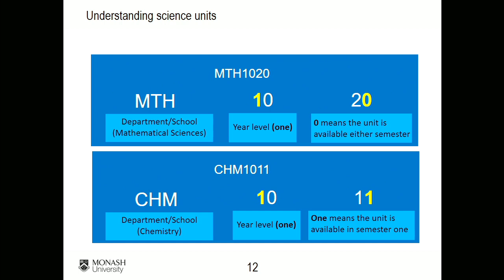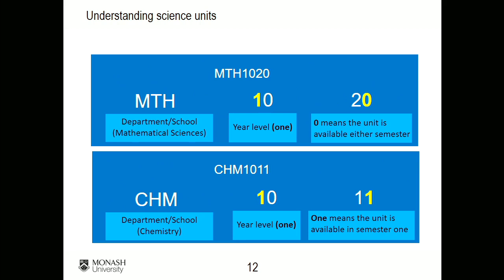In terms of understanding what each of the unit codes mean, generally it's a combination of letters and numbers. With, for example, MTH 1020, the first 3 letters give you an indication of what school the unit is based in. So MTH units are based in the School of Mathematical Sciences. The first number gives you an indication of the year level.